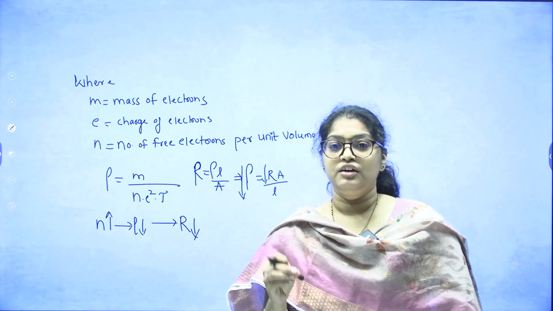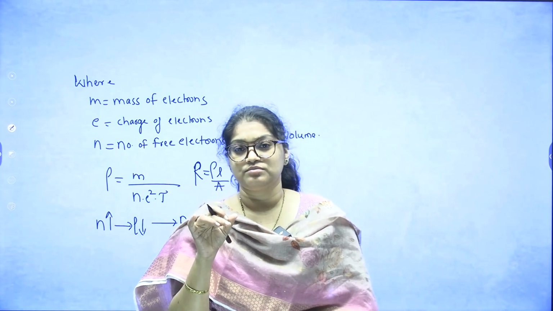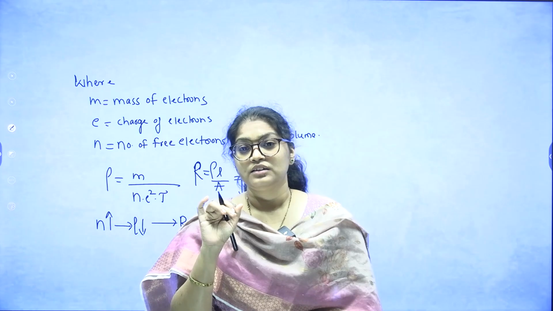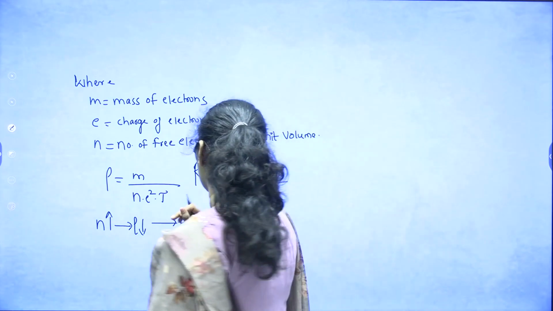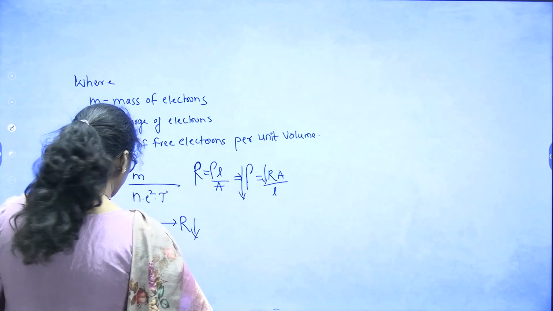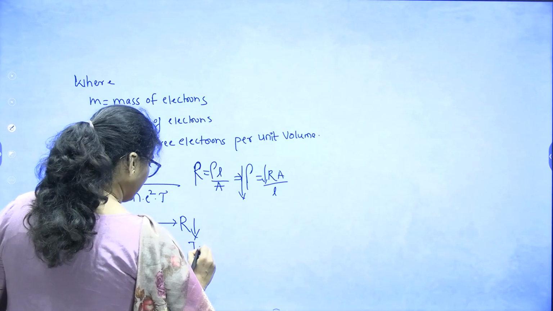If I am taking a very thin wire, the collisions will occur. Clear? So one more point I can write here is tau depends upon temperature.